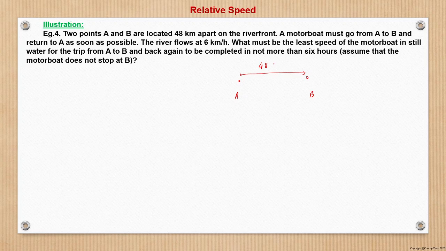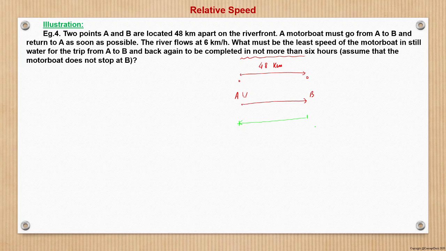Distance is 48 kilometers. This is on a river front. So a river, I mean, this is flowing. So suppose a motor boat is here, which is going from A to B, and then from B to A it is returning also, right?